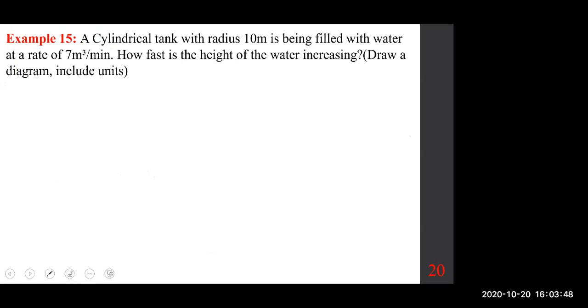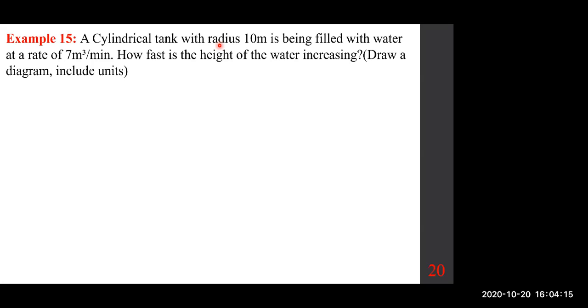A cylindrical tank with radius 10 meters is being filled with water at a rate of 7 cubic meters per minute. How fast is the height of the water increasing? Now, of course, you should draw a diagram, and what matters is you are relating the radius and the volume. So what is the volume of a cylindrical shape?